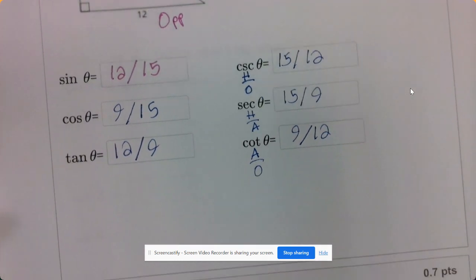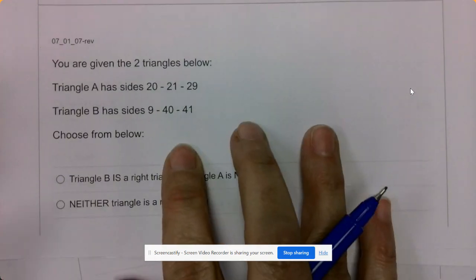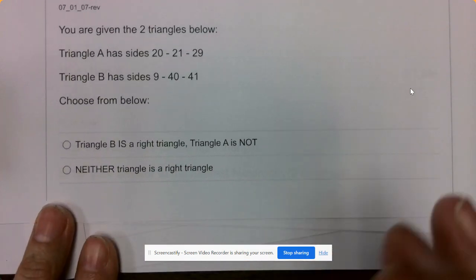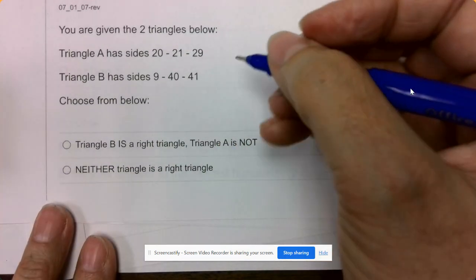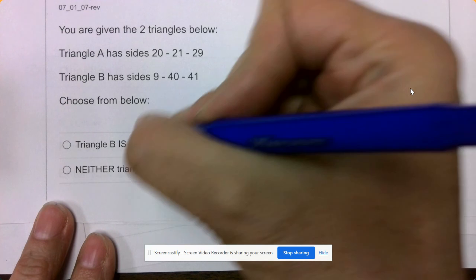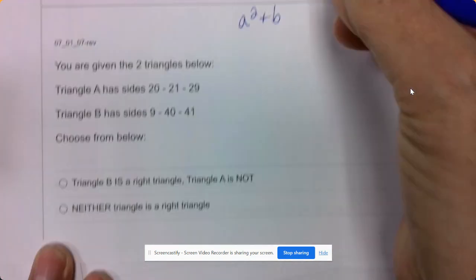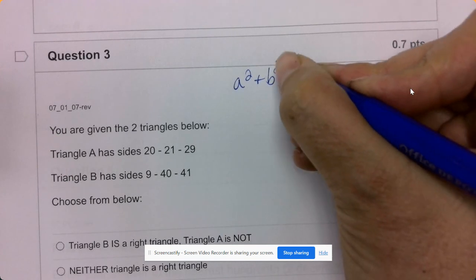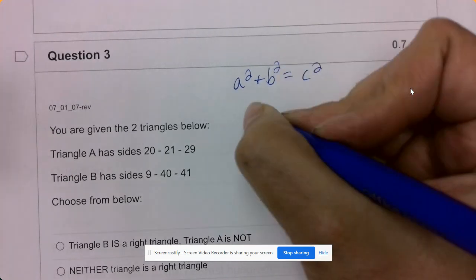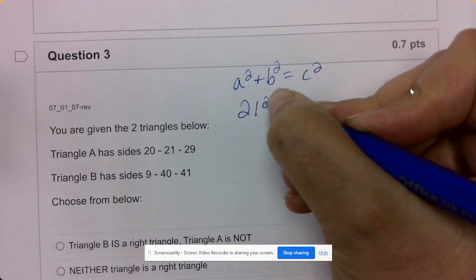Okay, so for this one, you're given the two triangles below. Choose from the following. So we want to know if they're right triangles or not. Remember, we can do that using the Pythagorean theorem. Hypotenuse is always the longest side.